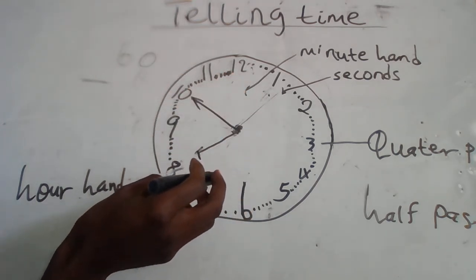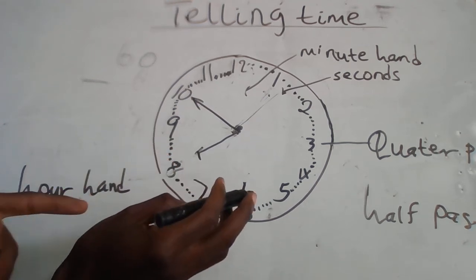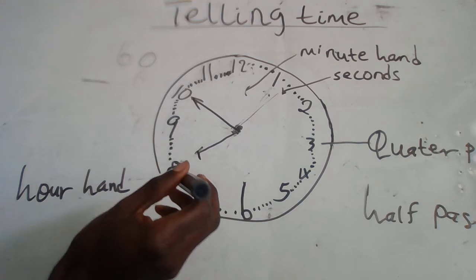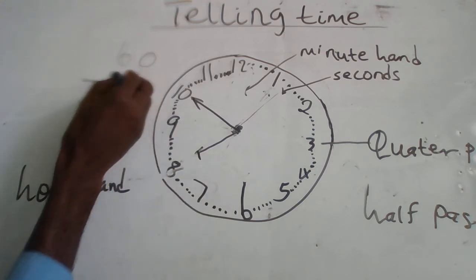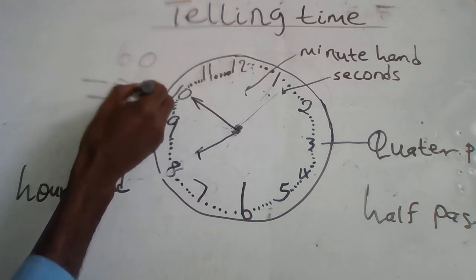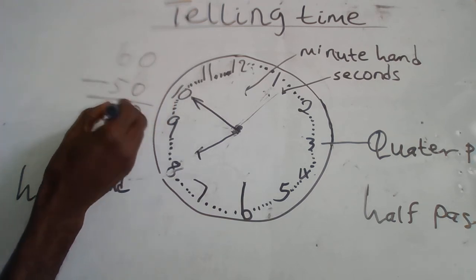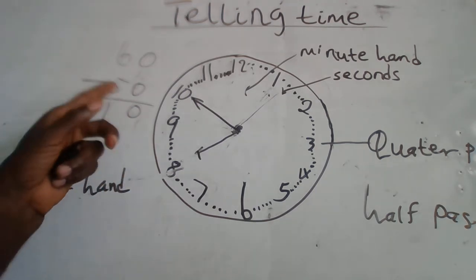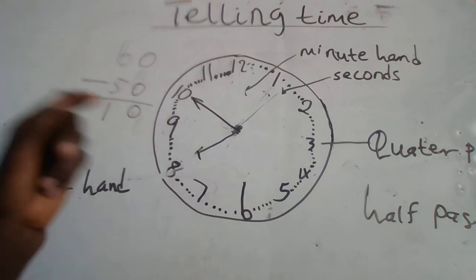Instead of saying 50 minutes past the hour of 7, you can say 60 minus 50. So if you have 60 minus 50, this is 0 and this is 1. So you will learn that it is remaining only 10 minutes to 8.